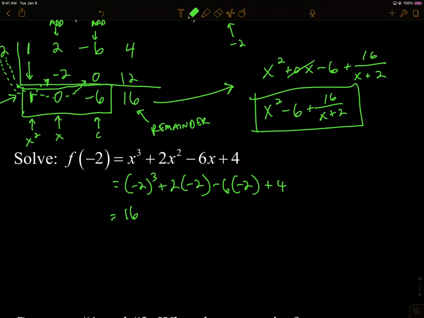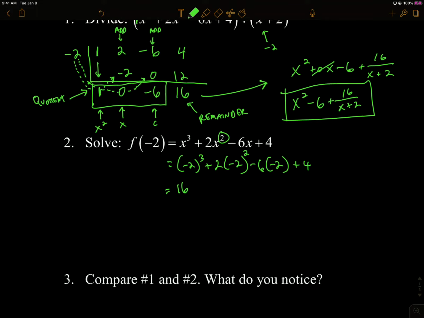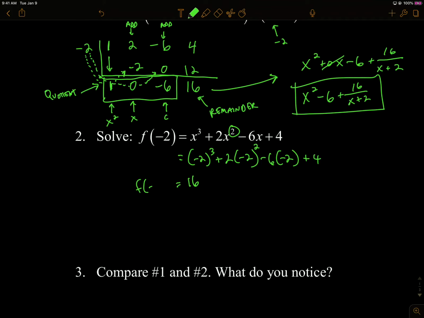Right, so if you didn't get 16, it's because that has to be squared because of that squared there. Sorry, I forgot to write that down. So you get 16. F of -2 equals 16.